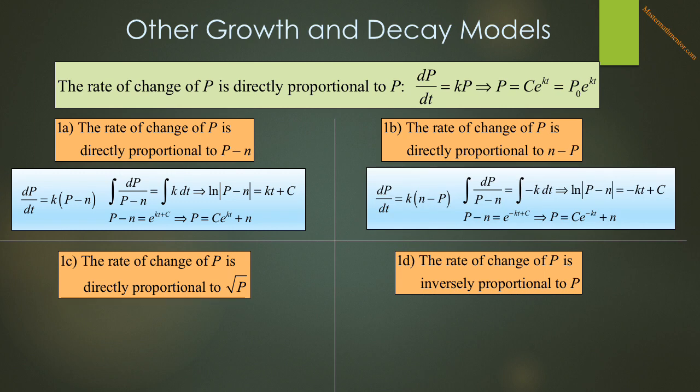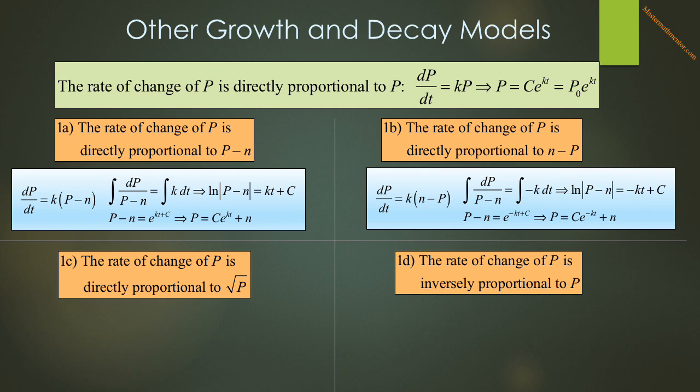B reads, the rate of change of P is directly proportional to n minus P, where n is a constant. So our differential equation is dP/dt equals k, quantity n minus P. And to separate, we will write this as dP over P minus n is equal to negative k dt, because it is a little bit easier to integrate dP over P minus n.